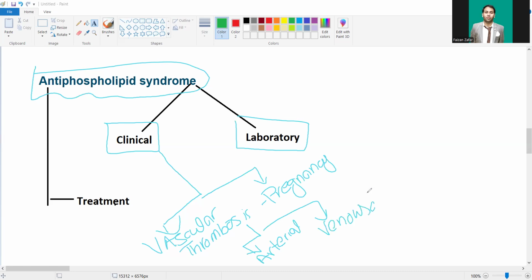For lab findings, you need one positive lab finding to diagnose that the patient has antiphospholipid syndrome.